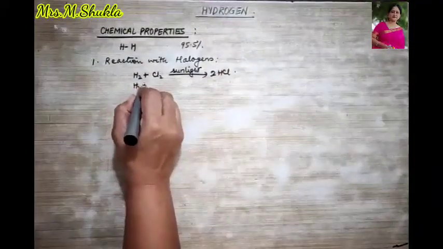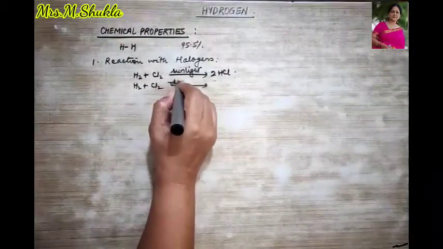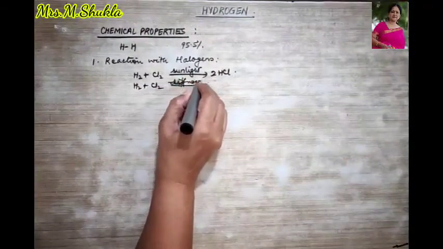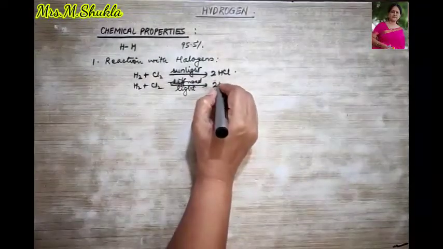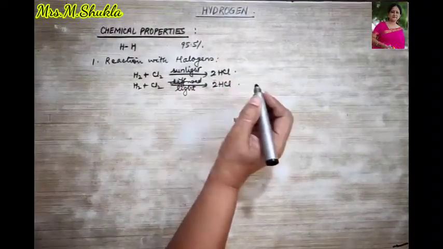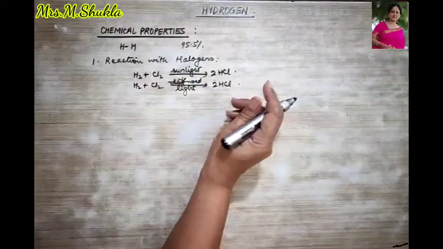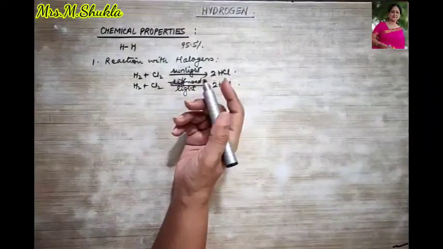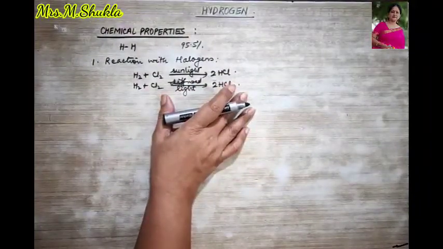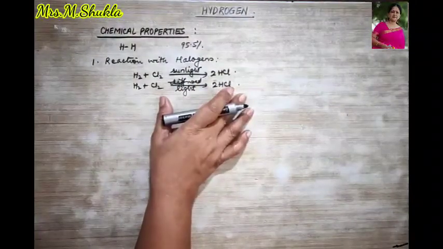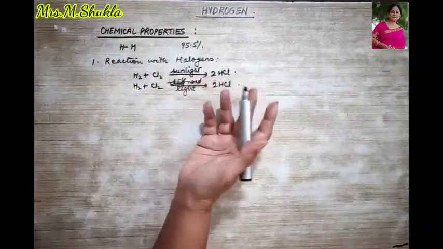This reaction can also take place in diffused light. The reaction goes moderately, forming hydrogen chloride. Similarly, the reaction with fluorine always takes place in the dark, whereas with iodine, it always requires a catalyst.